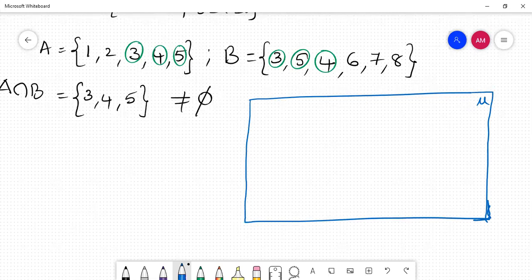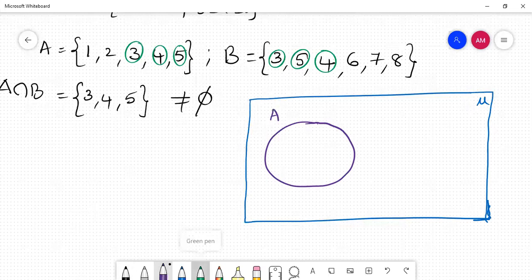Next, we have to take two sets A and B. Generally, sets are denoted by a circle or an ellipse. So let us denote A with the violet set and B with the green set. Okay.